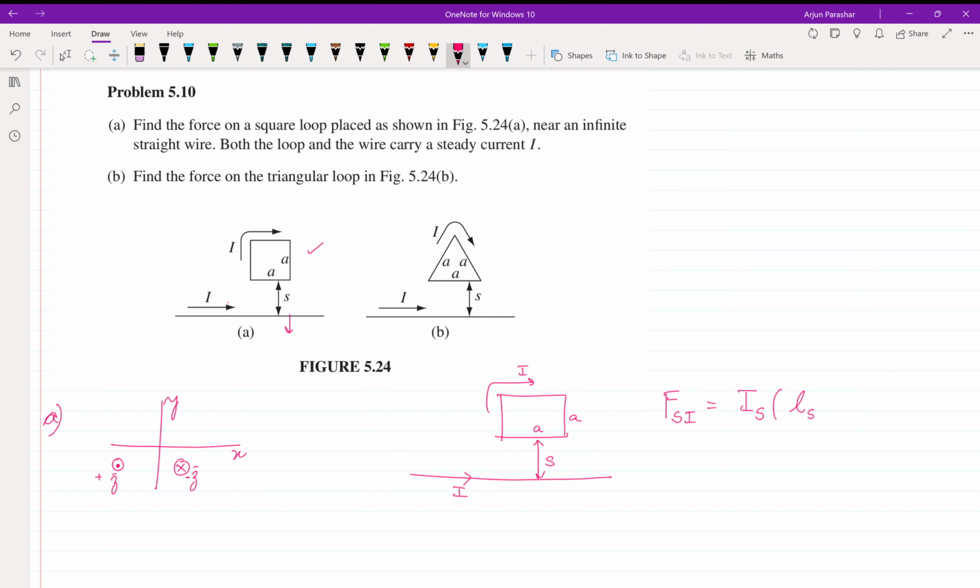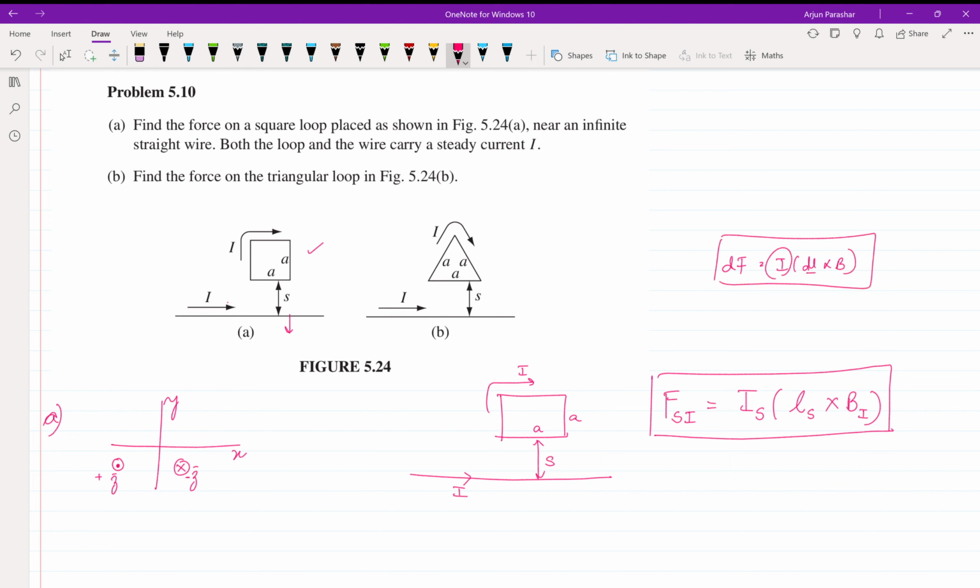So it is the current of the square loop, the length of the square loop, multiplied by the magnetic field of the infinite wire. This is the formula for the force acting on a square loop due to an infinite wire. It is also given as dF equals I dl cross B, where dl is in the direction of the current obviously, and B has its own direction. We'll see it now.